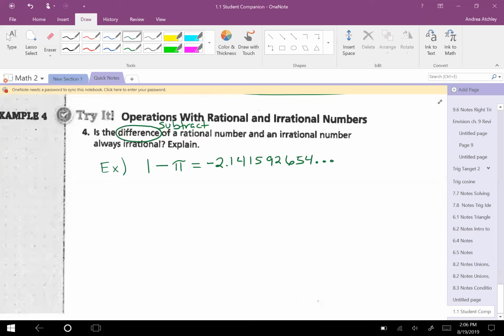It continues on forever. So you need to have that ... Okay, so is this number rational or irrational? Irrational.